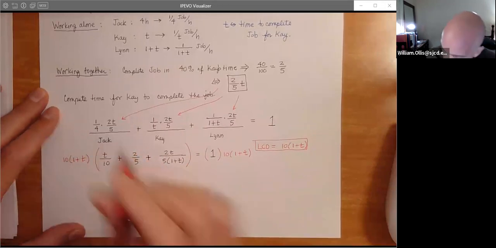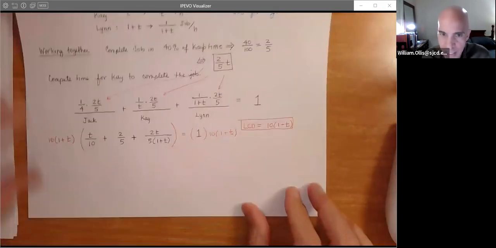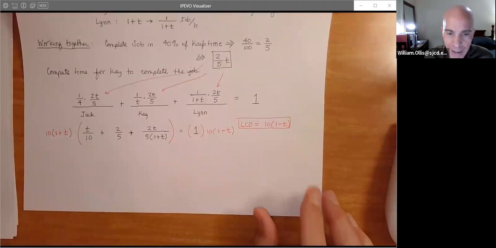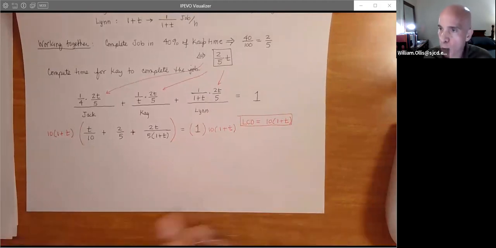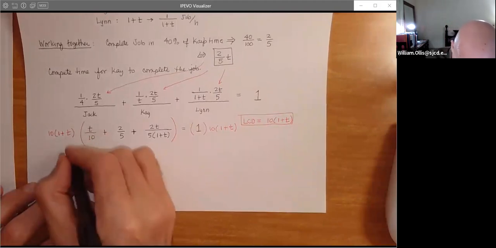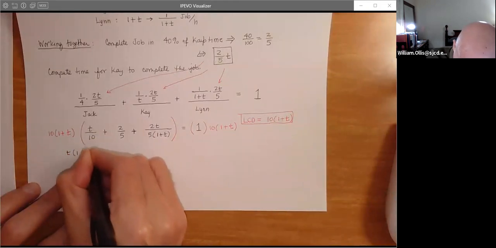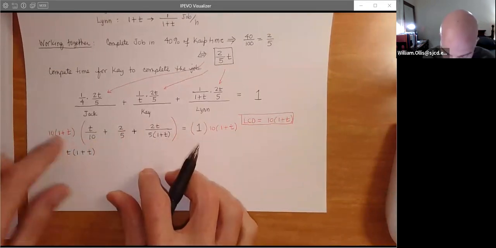So good. What's nice about the models is that they use all of the nice ideas that we've already set up about solving equations. So we get to do our algebra. So now when we look at this, we see the 10s absorb and we're left with T times 1 plus T. Again, the 10s absorb.